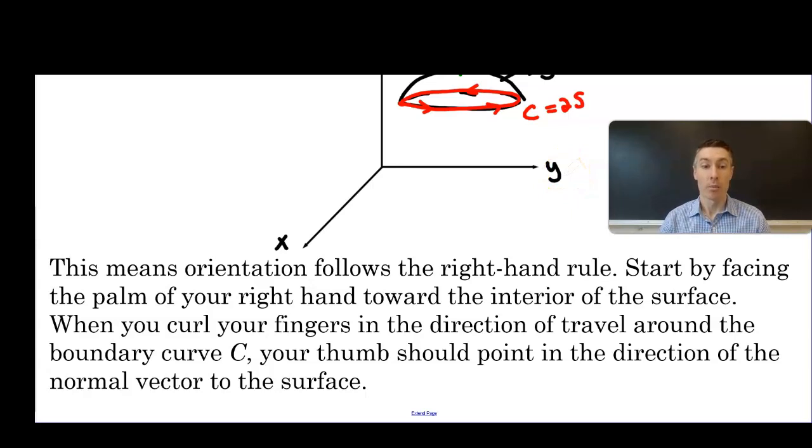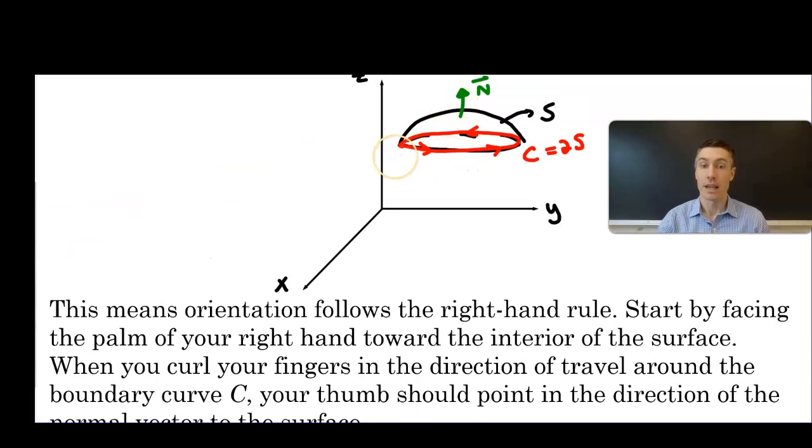So start by facing the palm of your right hand toward the interior of the surface. Curl your fingers in the direction of travel around the boundary curve C, so go in that counterclockwise direction. Your thumb should point in the direction of the normal vector to the surface, so in this case your thumb should point straight up.